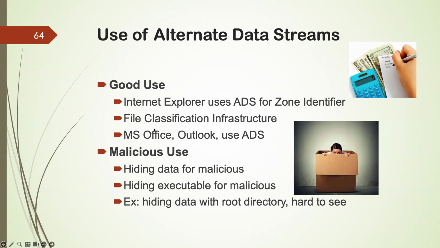So what happens is whenever you're using Internet Explorer or Chrome or Firefox or any other browser, whenever the browser downloads a file, it uses the alternate data streams in order to store this additional metadata. This is the benign use: you want to store additional metadata that is not related to the file content, but is maybe some safety or security mechanism or just a warning mechanism that the browser wants to give you whenever you try to run executables.